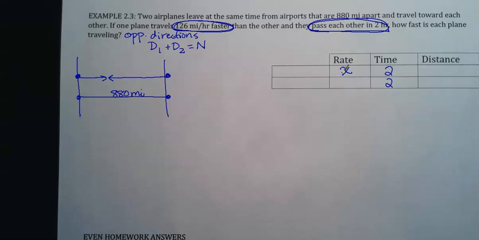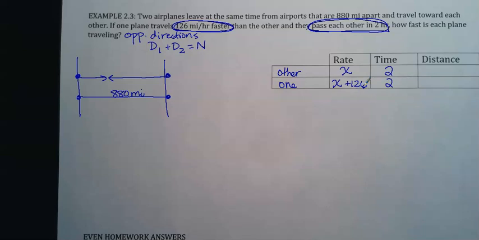And then one plane is 126 miles faster than the other. So maybe we want to describe this as the other plane and this one as the one plane. Do you get it? If one plane travels 126 miles faster than the other. Okay, hopefully you chuckled. Anyway, so then the one plane is going to be the same rate as the other plane plus the 126 miles per hour faster.